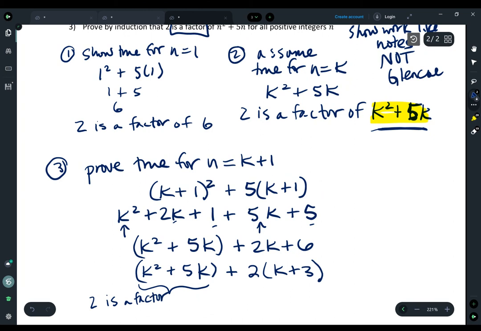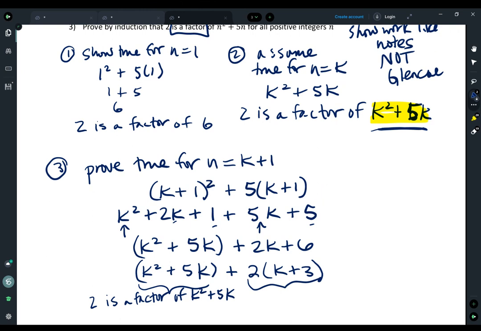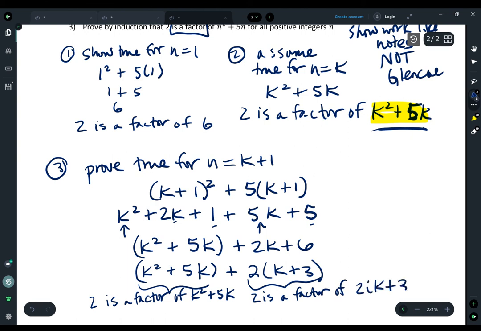So I already said that 2 is a factor of k squared plus 5k. And now this part, I already know 2 is a factor of because it's being multiplied by 2. So 2 is a factor of 2 times k plus 3. And so we're all set. If 2 is a factor of both of those parts, then 2 is a factor of the whole thing. So that is it for our proof on this one.